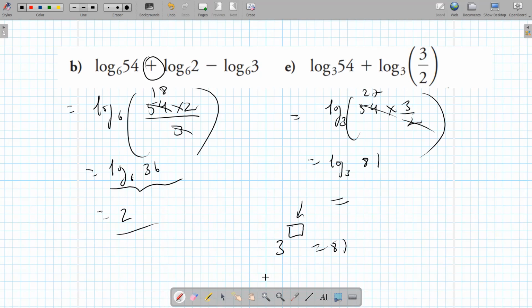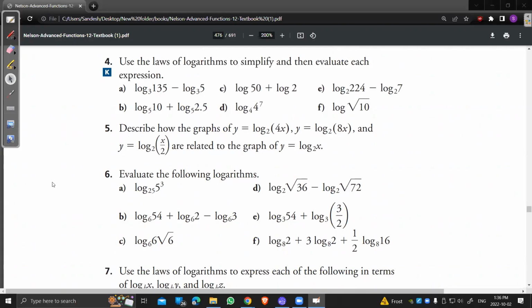What is it? It's a 4. 3 to the power of 4 is 81, and you're done. One and done. Fun, fun, fun.